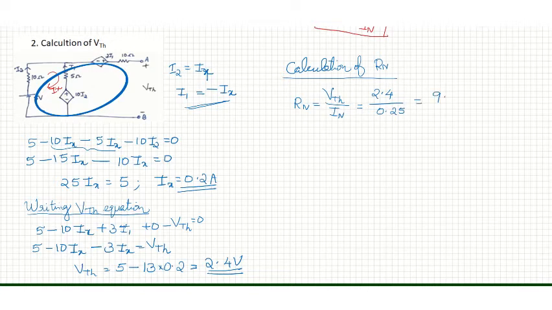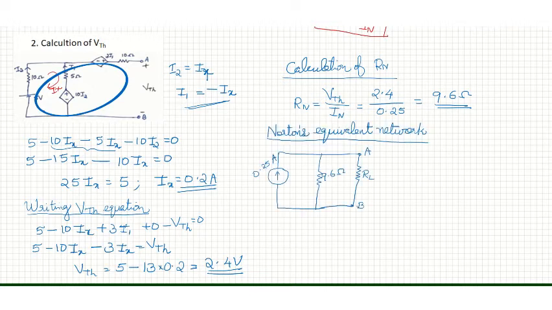So 9.6. Next step is to draw the Norton equivalent network. Norton's equivalent network has IN in parallel with Rn. Then load RL is connected between terminals A and B.